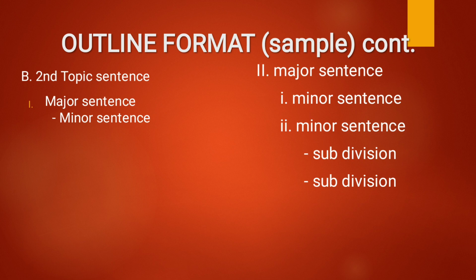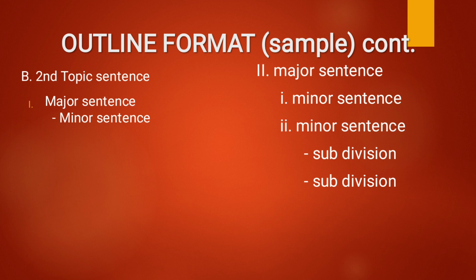Now, assuming we have third minor sentence. Now you see that we have first major, and we have second major. Now assuming we have third minor, look at it carefully.